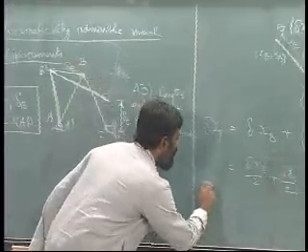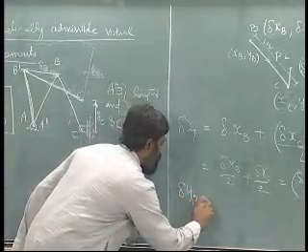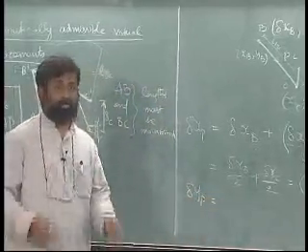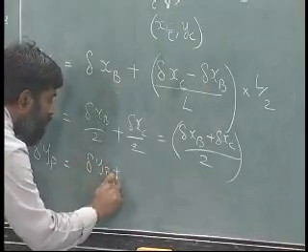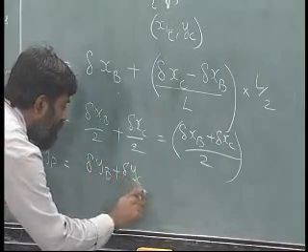Similarly, for the virtual displacement in the y direction, I will get delta yb plus delta yc divided by 2.